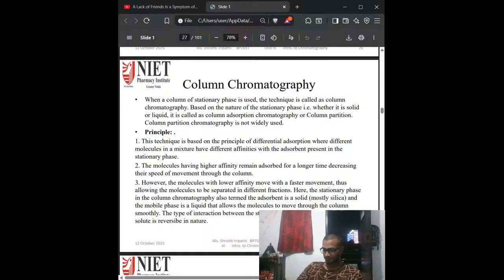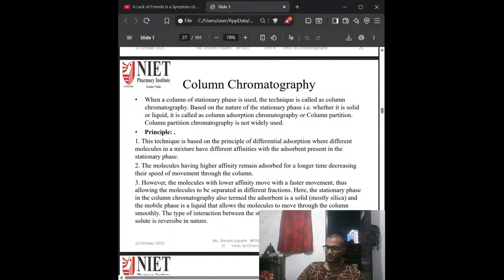Column chromatography can be of solid-liquid type, which is adsorption type.